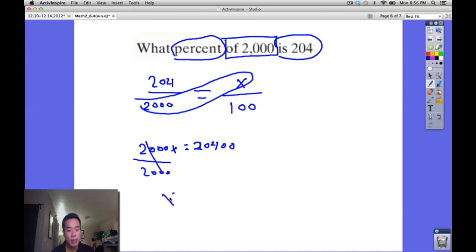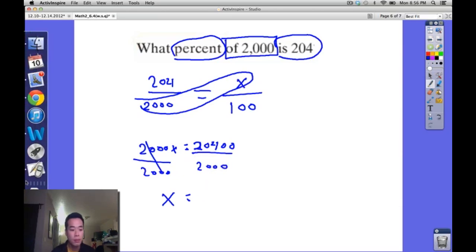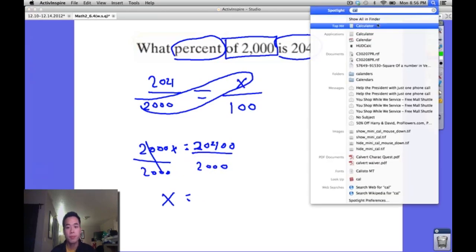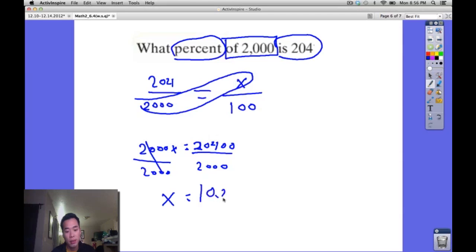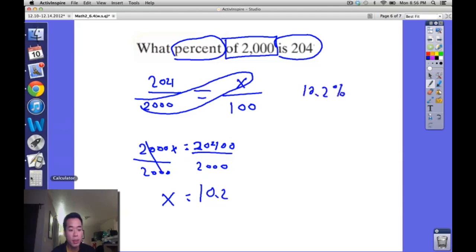This becomes 1x is equal to, divide this side by 2,000, and I should get, use calculator again, 20,400 divided by 2,000 is equal to 10 and 2/10. So I know that since I'm looking for the percent, it's going to be 10.2%.